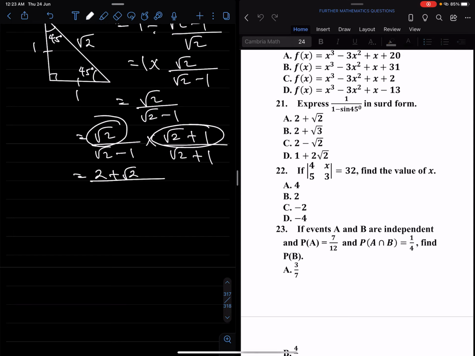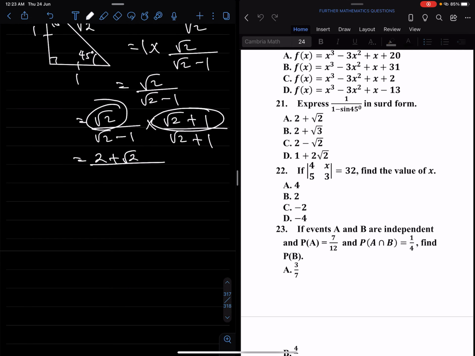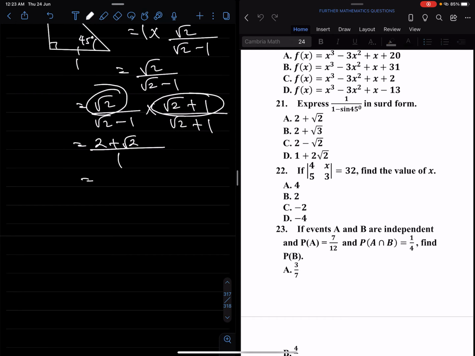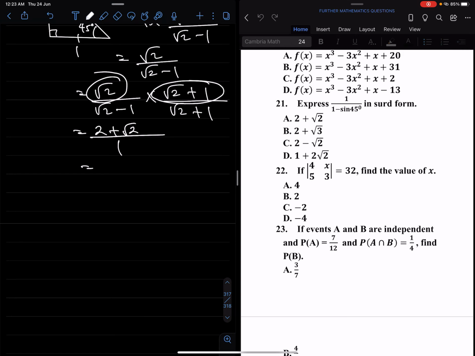Root 2 times root 2 is root 4, which is 2, and root 2 times 1 is root 2. Root 2 minus 1 times root 2 plus 1 is the same as 1. When you expand that, you're actually going to get 2 minus 1, which is 1. So the answer is 2 plus root 2.